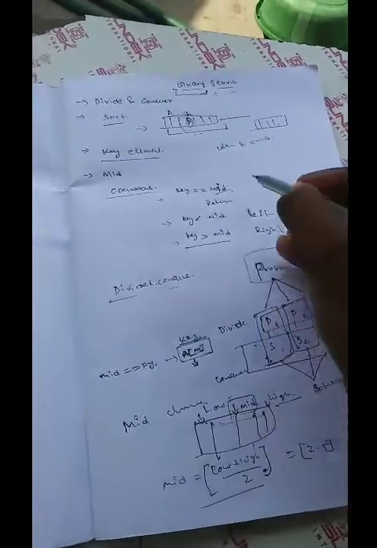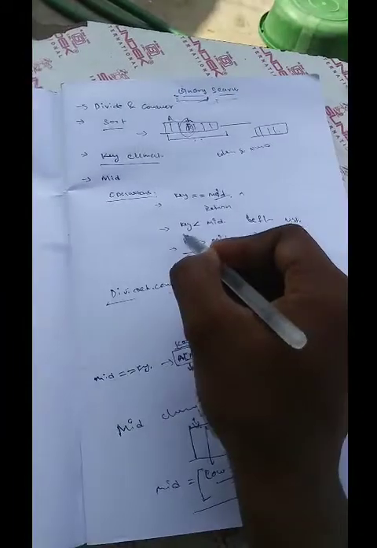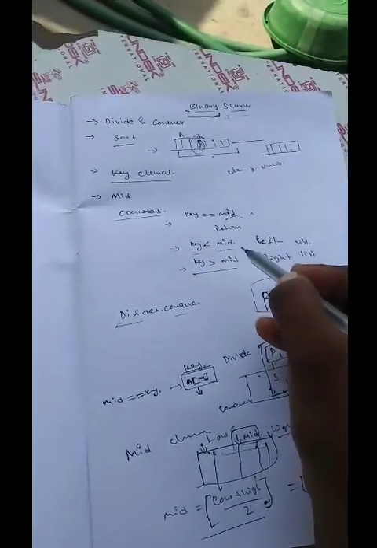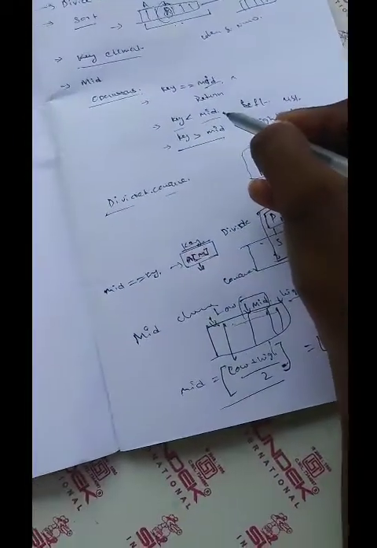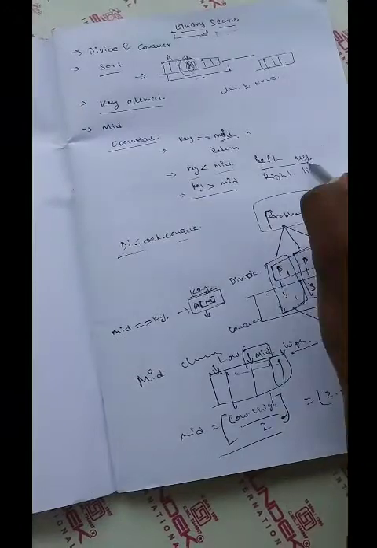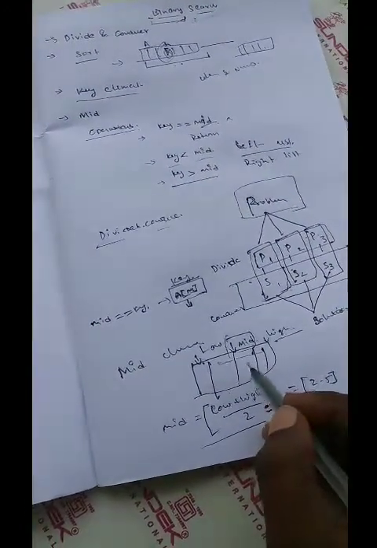If that condition fails, we check whether the key is less than the middle element. If the key is less than the middle element, we go for the left list. That means by finding the middle of the element, we divide the list into left of the mid and right of the mid.